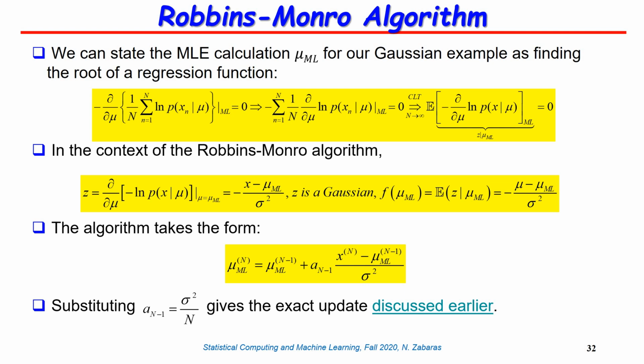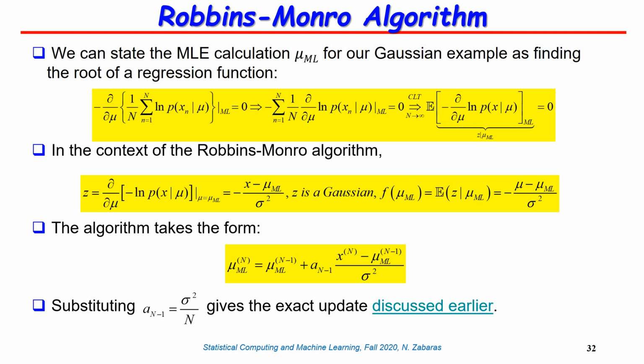But the procedure that I highlighted may be very essential for problems where an analytical estimate for the MLE values of the parameters of your distribution doesn't exist, and in that case you need to use some optimization method to do the computation. And we now see that this Robbins-Monro algorithm is very handy in allowing you to do this type of calculation.